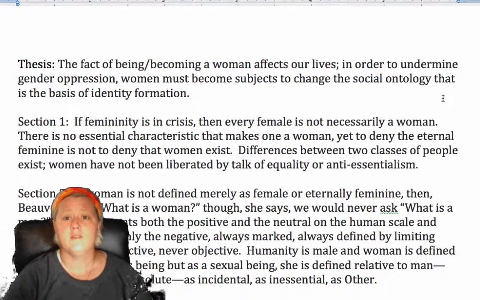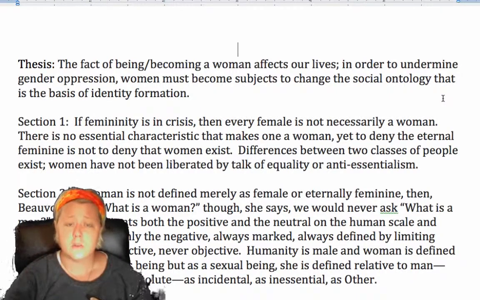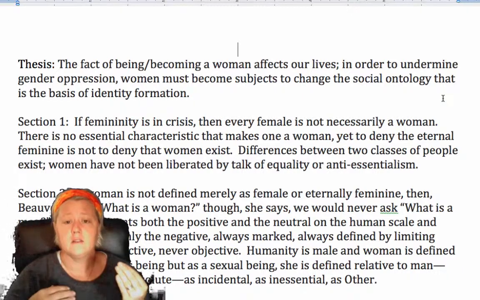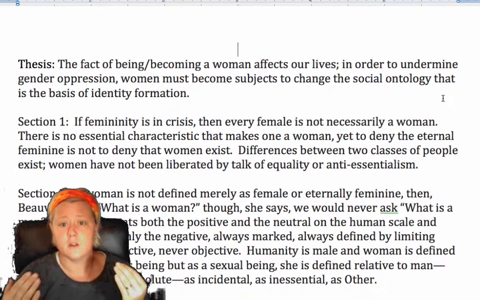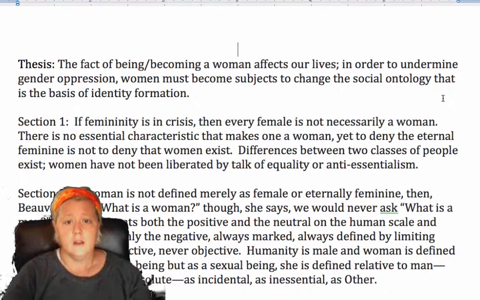That is, when we form who we are, a large part of who we are is shaped by the binary gender system. And we have to change the way that binary gender system, man and woman, operates, in which man is the subject, the center, and woman is the other, peripheral, inessential, contingent.